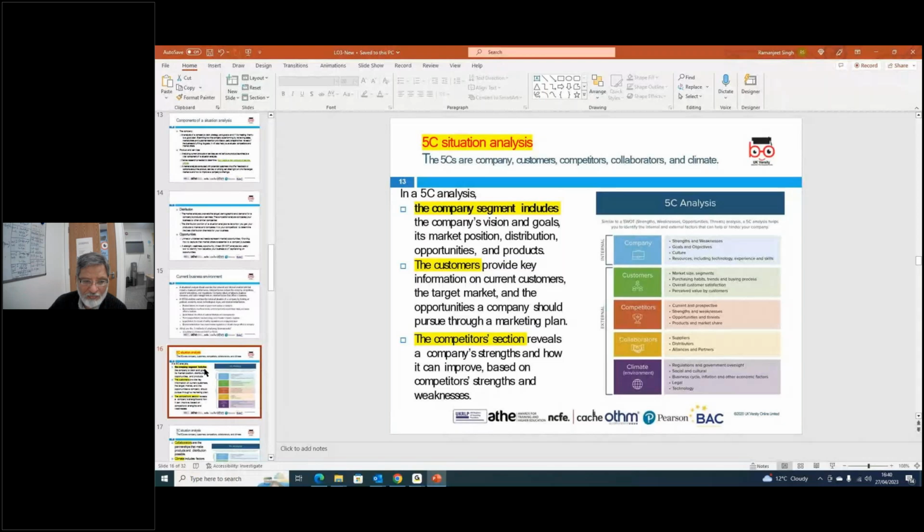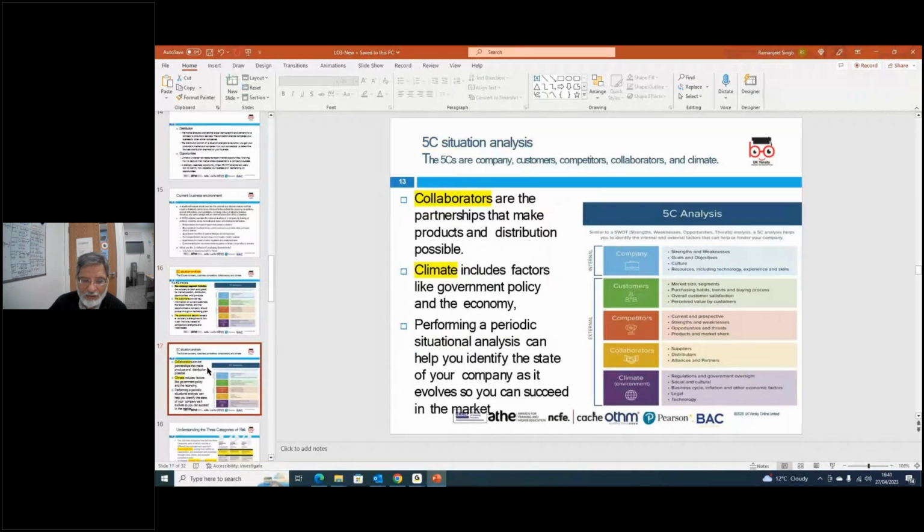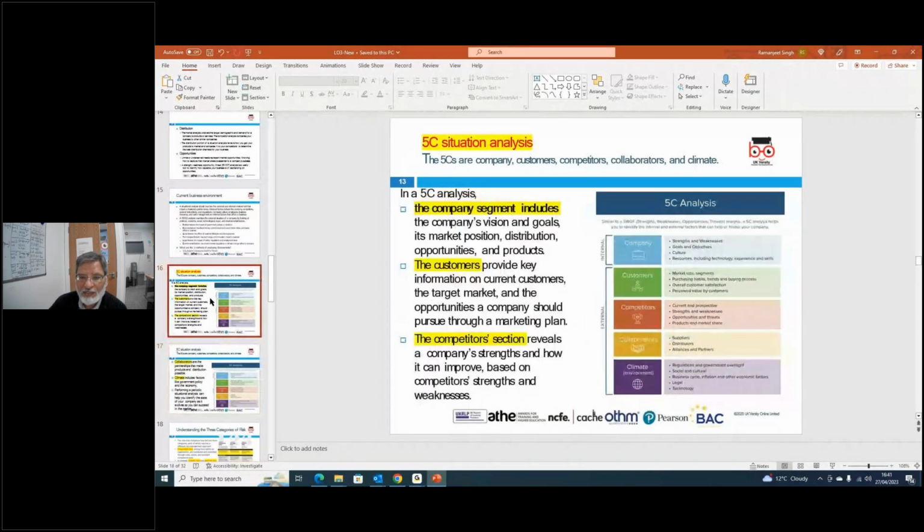model, which tells you the customers, the competitors, the company's segments, collaborations, and climate. So first, the company segments: what type of market, what type of distribution, products, who for, what type of customers are they going for?